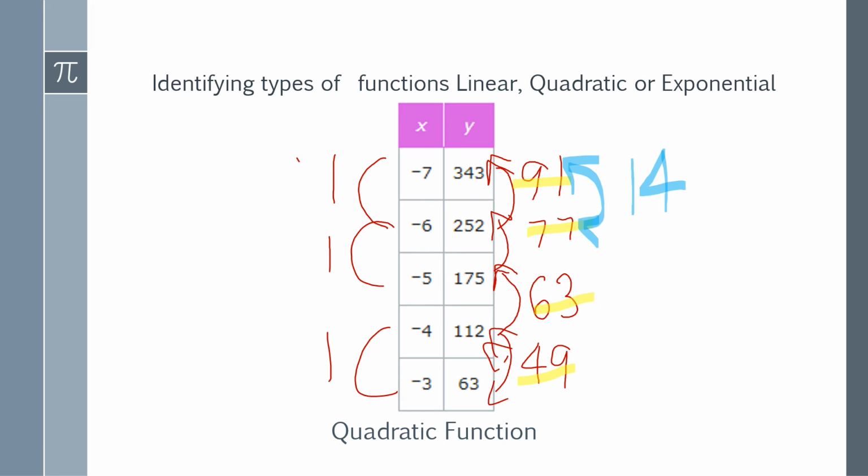So what about 77 and 63? You get 14 again. So what about 63 minus 49? Oh, I get 14 again.